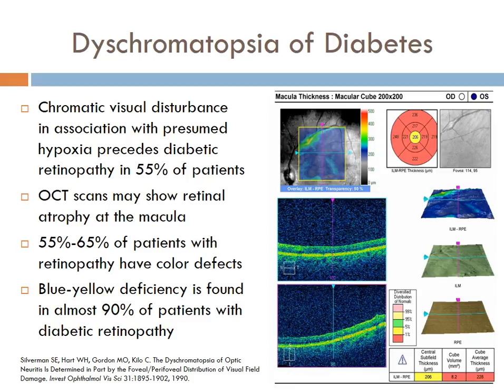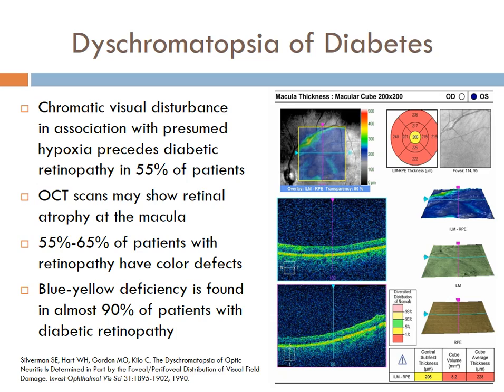Additionally, if they actually have diabetic retinopathy, so if you see anything, one dot, one hemorrhage, one exudate, anything, 55, 65% of those patients are going to have color vision defects. And of that group, almost 90% of them are going to have a blue-yellow defect.